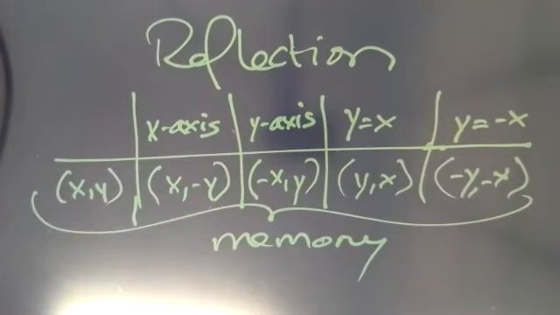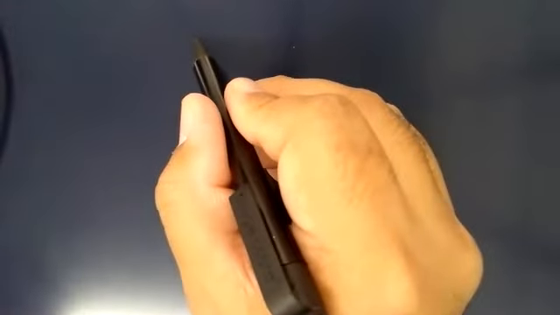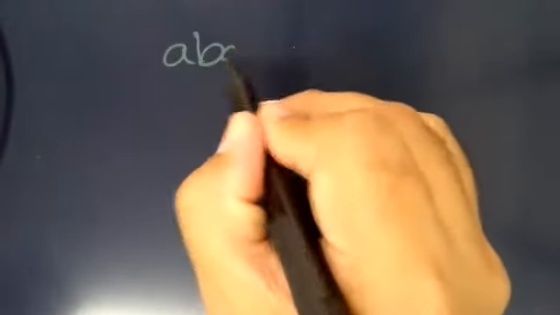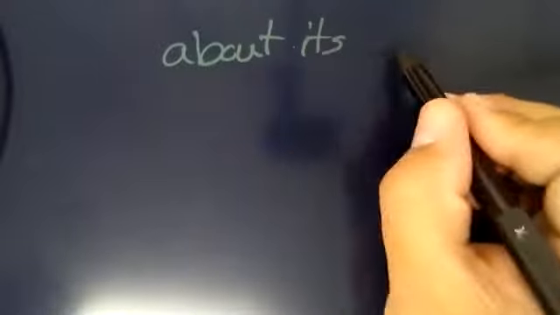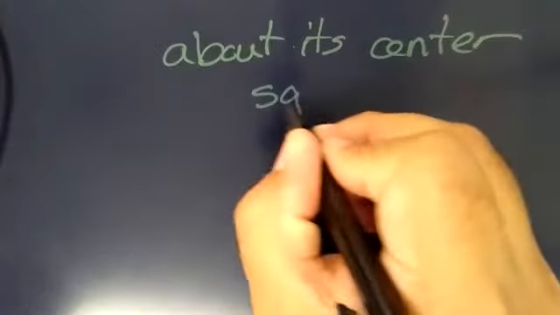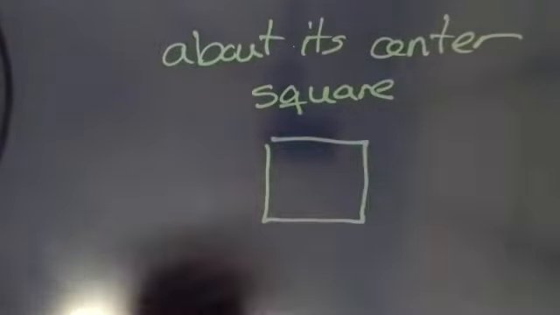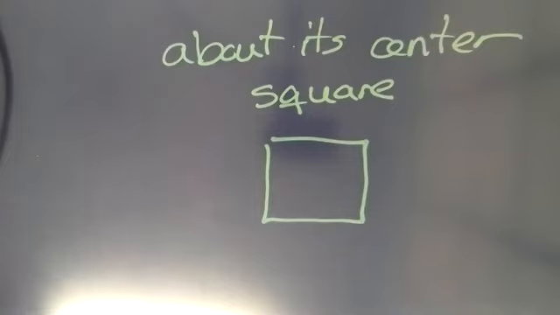Now, the next part, all right? When you are looking at the test, let's say we talked about rotation. And a very important keyword, again, we talked about it before, is about its center. Okay, about its center. If you have a square, the characteristics of a square is that what?